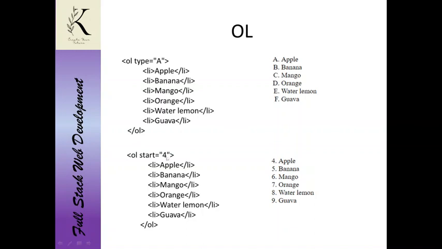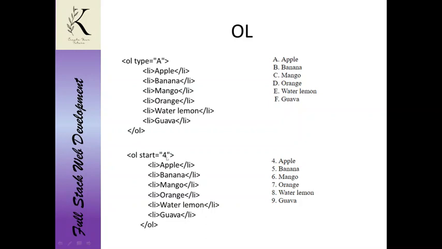In the case of decimal numbers, we can also provide another attribute called start, which says where to start. It is not applicable to other types of bullets; it is only applicable to decimal numbers. So if I provide start 4, then the list will start from 4, 5, 6, 7, 8.